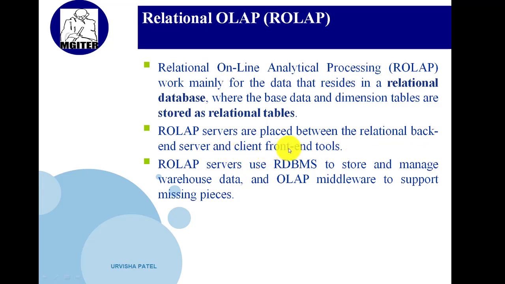They use a relational or extended relational DBMS to store and manage warehouse data. ROLAP servers include optimization for each DBMS backend, implementation of aggregation navigation logic, and additional tools and services.